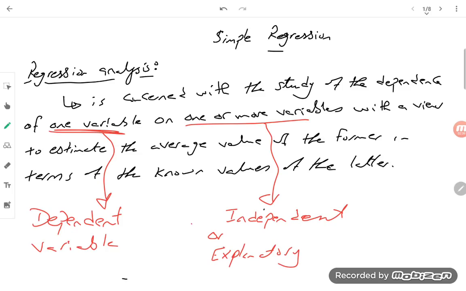Explanatory means explains the variation in the dependent variable, if a variable x explains the variation in y. Okay? So regression analysis means that we would like to study the relationship between two different variables.